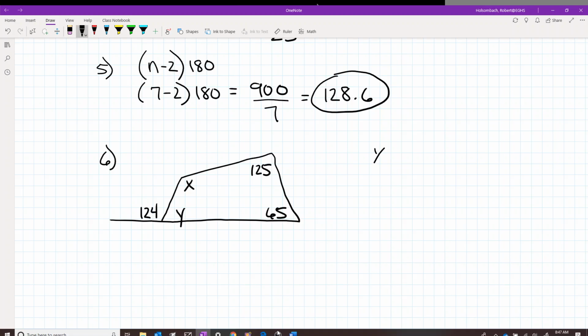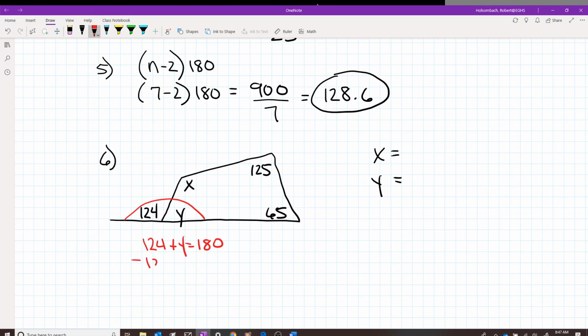So, we need an x and we need a y. And we're going to start with this y right here because these two angles are a linear pair and they sum 180. So 124 plus y equals 180.